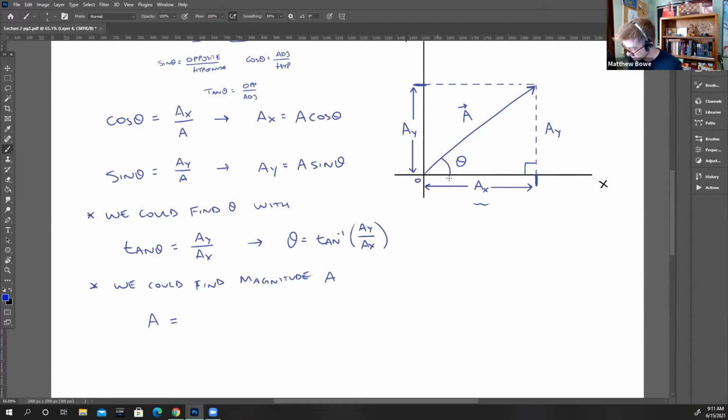So in this specific example, we have magnitude a squared equals ax squared plus ay squared, which just becomes this.